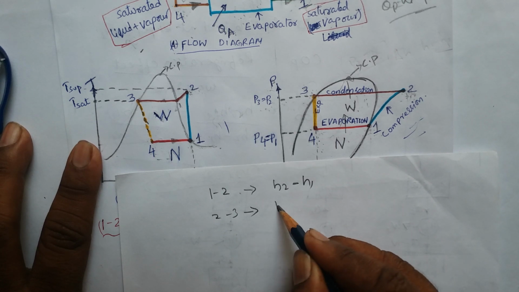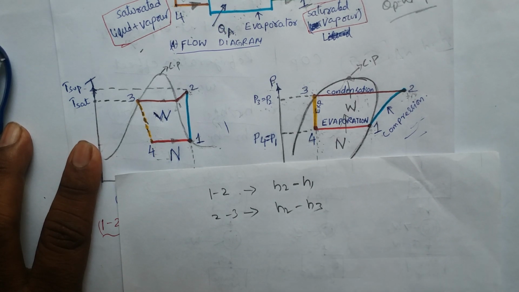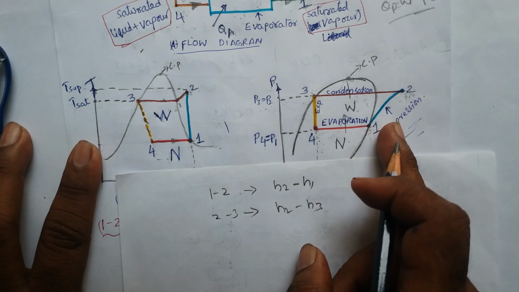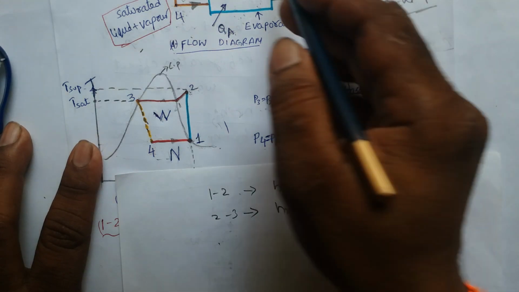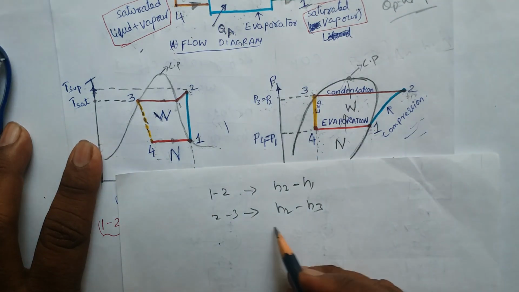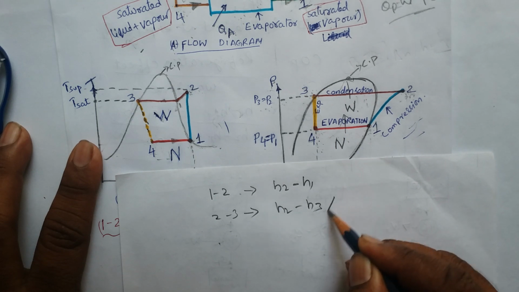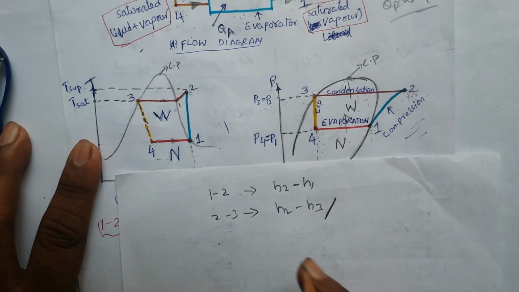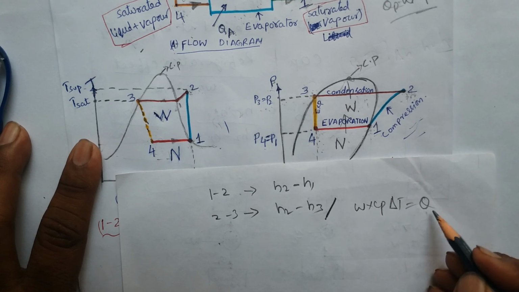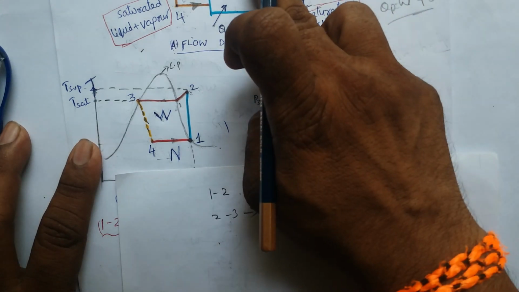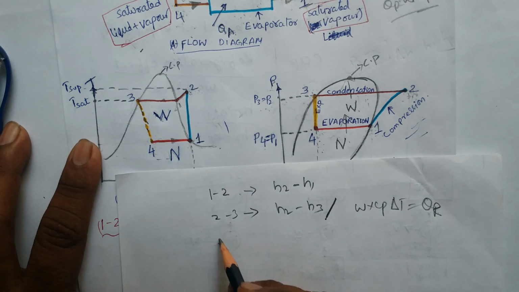We can calculate H2 minus H3 by using the pressure-enthalpy diagram. When we use water as the cooling medium, W into Cp into delta T is equal to Q rejected, the heat rejected from the condenser to the cooling media in the 2 to 3 process.